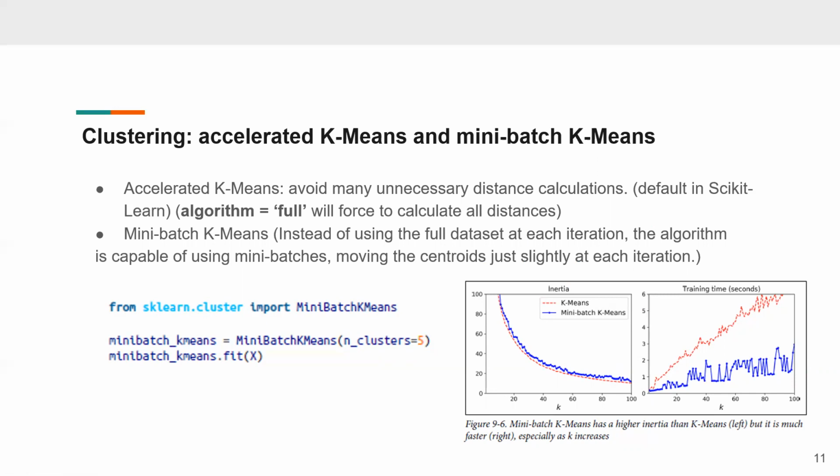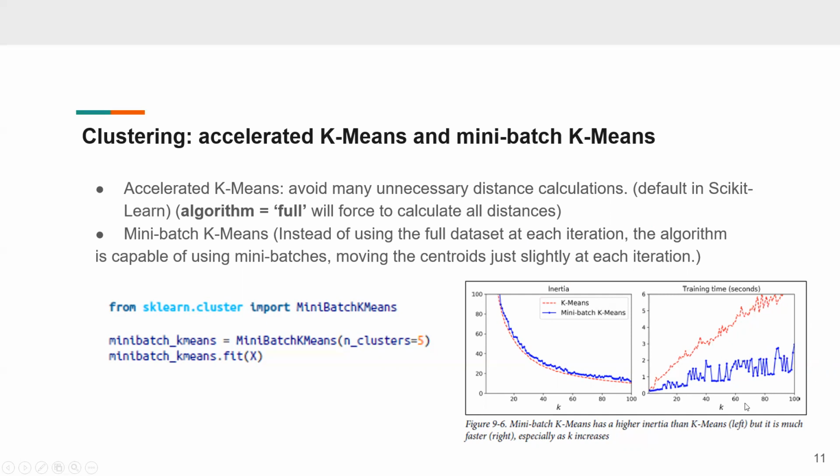In this case, k-means has a smaller inertia compared with mini-batch k-means, which means it's a preferred method from the inertia perspective, even though that change is minimal. However, the training time for mini-batch is much less compared with k-means itself. From this perspective, we definitely want to choose mini-batch, right?